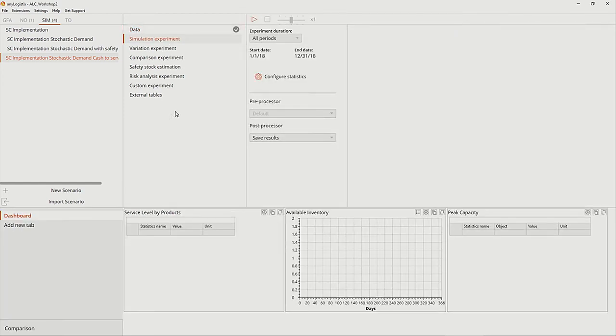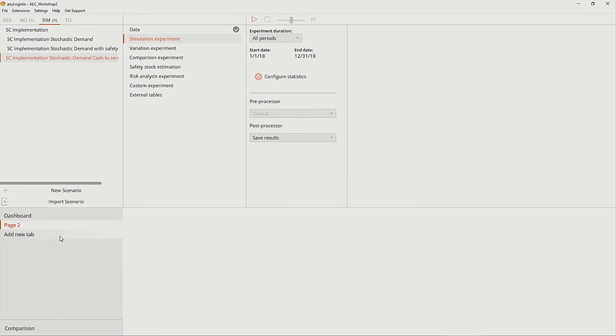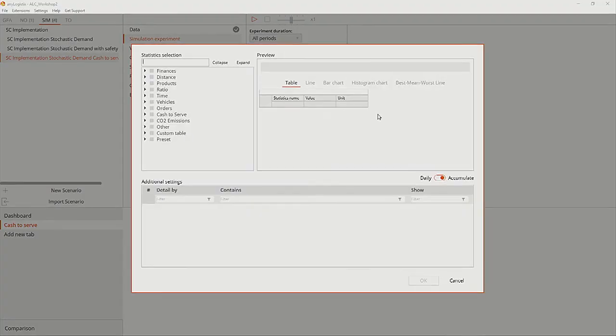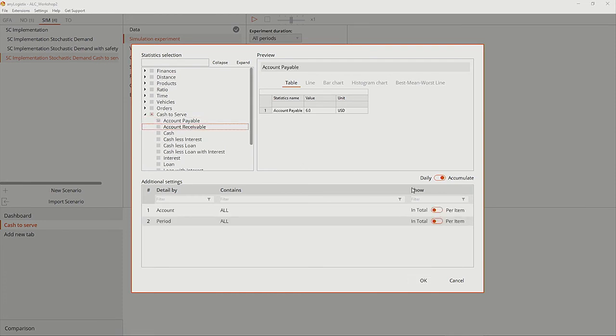So I will go to the dashboard and create a new tab called cash to serve. And I will add cash to serve statistics. So dynamics of accounts payable and accounts receivable.